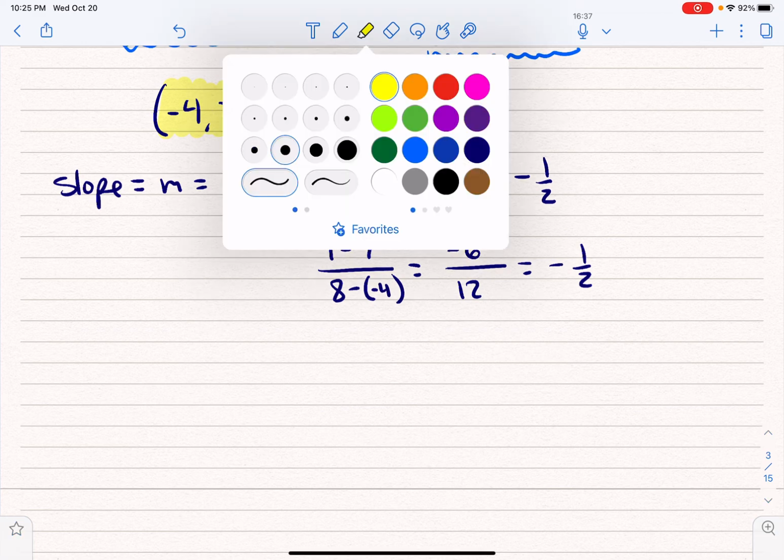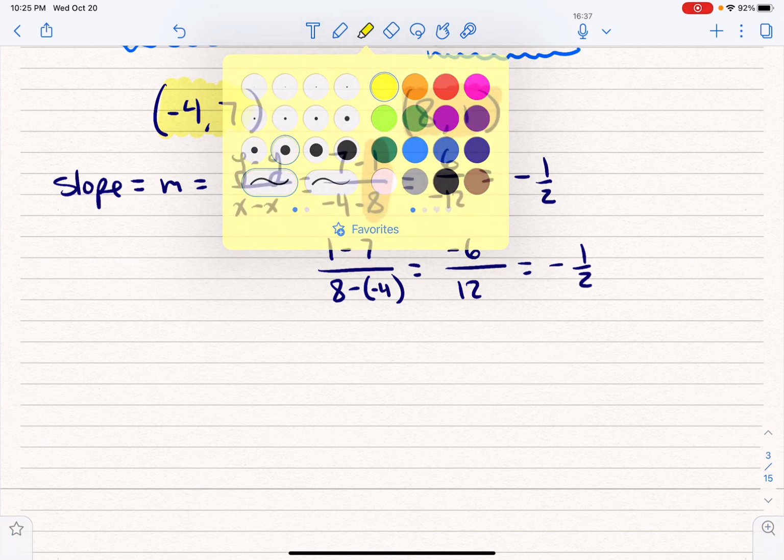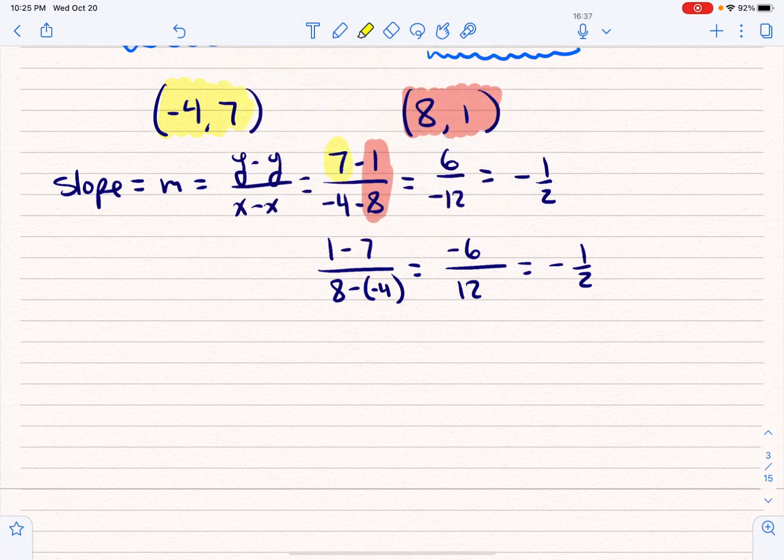What does matter is that the y value from a point has to be above the x value from the same point. Likewise, the y value from this point has to be above the x value from the same point. Notice they line up here as well. That's why we get the right answer, that the slope is -1/2.